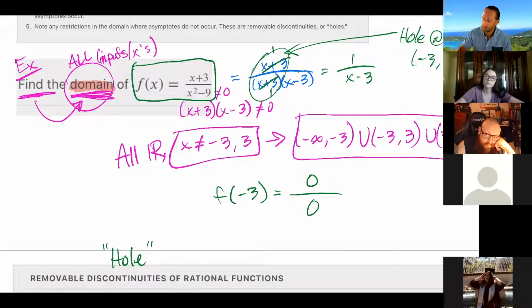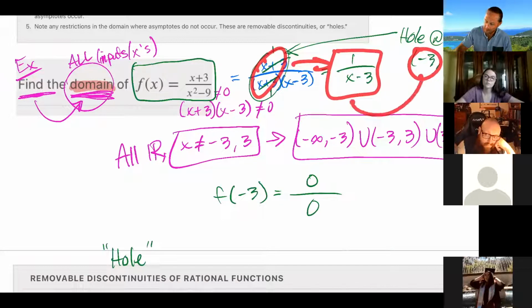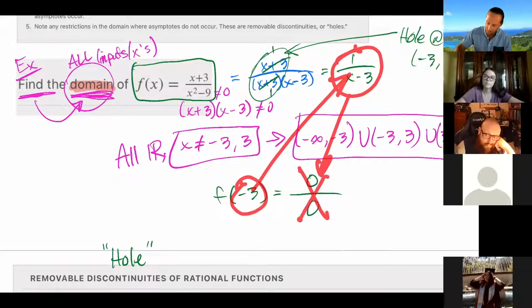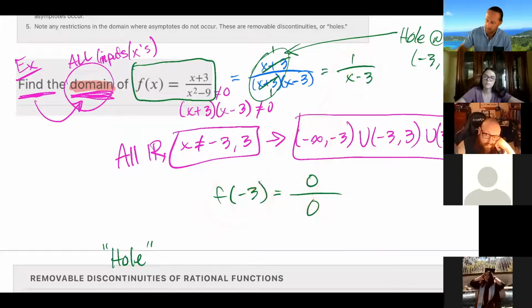Well, check it out. Once you remove it, you can actually now plug in that issue that we removed for x. And if you do, that means you just got out the y value. Okay. Do you see it? So if I was to plug this in to this simplified form, I would get a y value out.